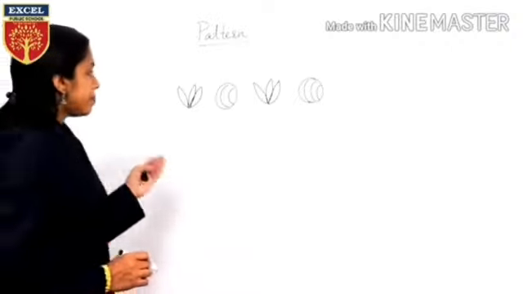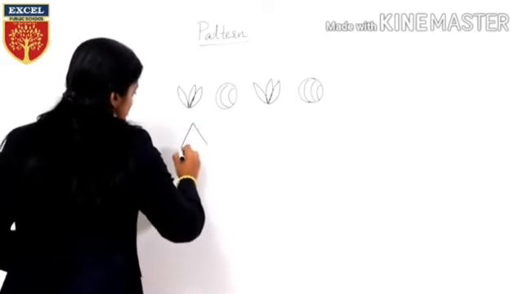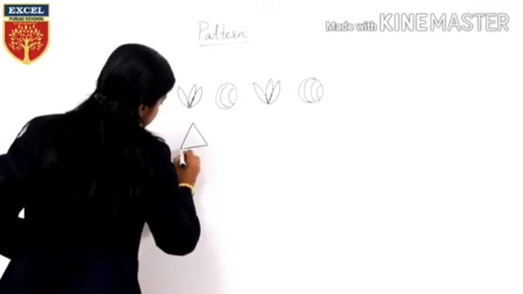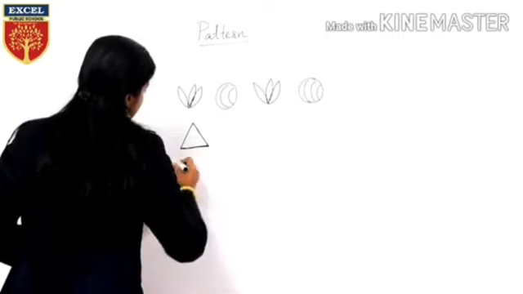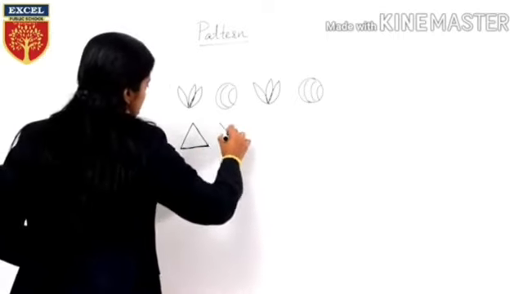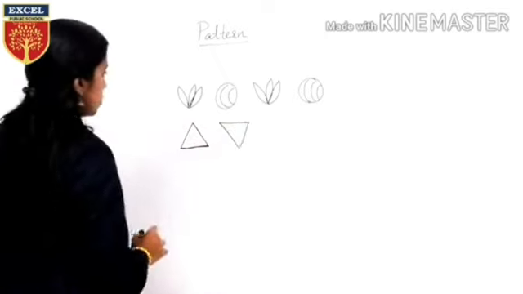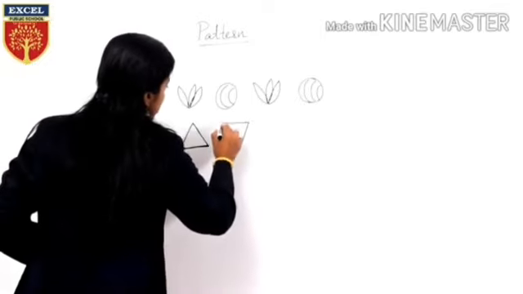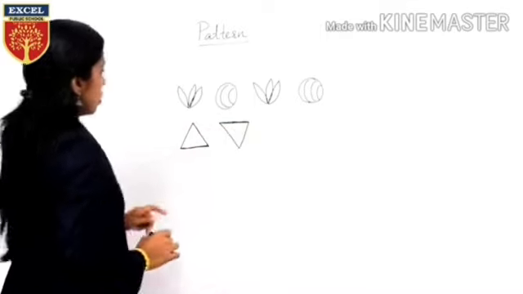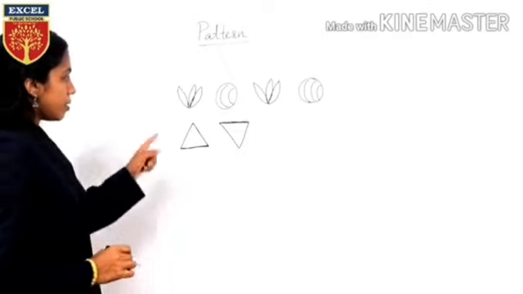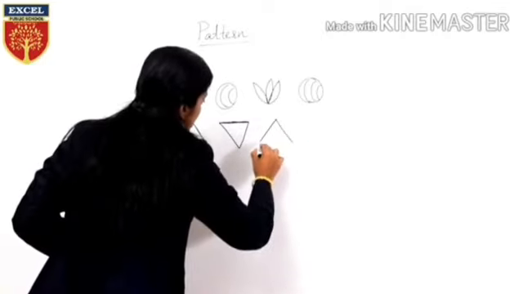Let's see one more example. Here I am going to draw a triangle. Then next one I am going to draw this way. So also a triangle, but the opposite way I have drawn. What will be the next one? Yes. Next one also a triangle, but this way you have to draw.